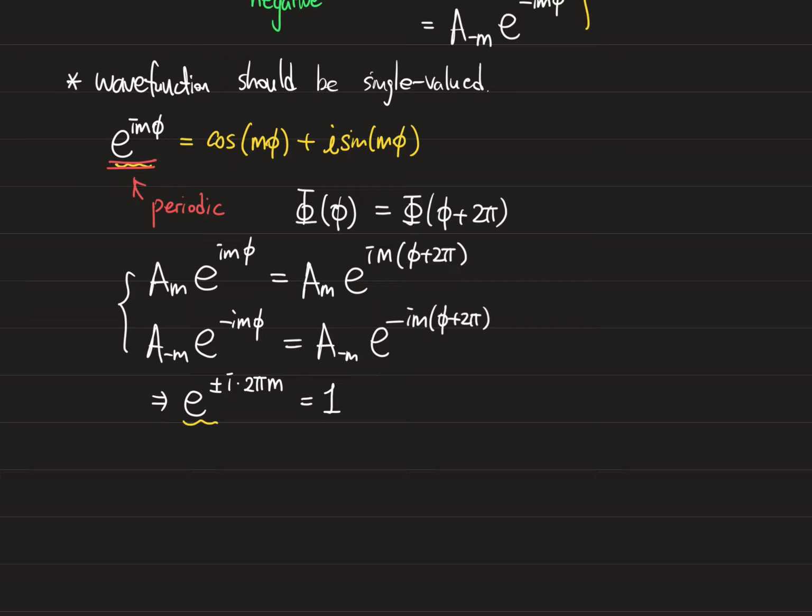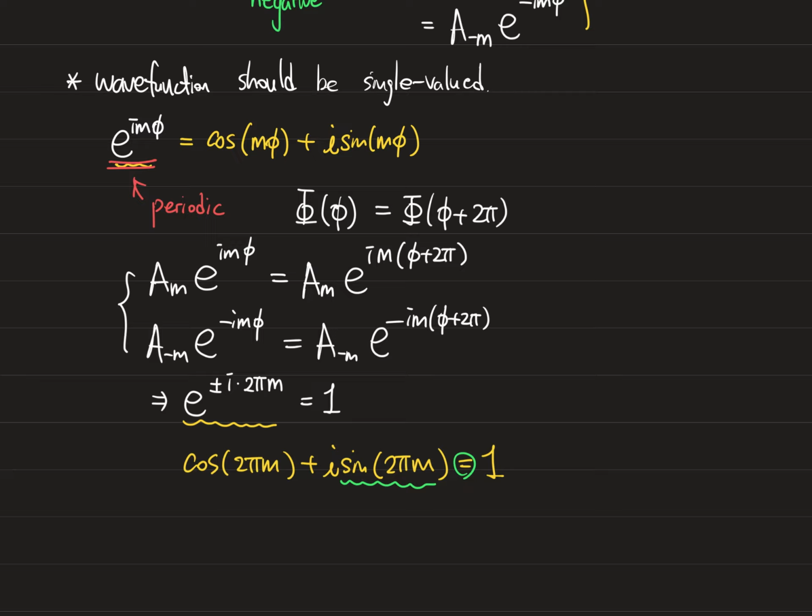So as I mentioned, the exponential of i multiplied by some variable can be expressed with cosine and sine functions according to Euler's formula. Cosine 2 pi m plus i sine 2 pi m, and this should be 1. So this equality should always hold, right? That means we need to remove the imaginary part.